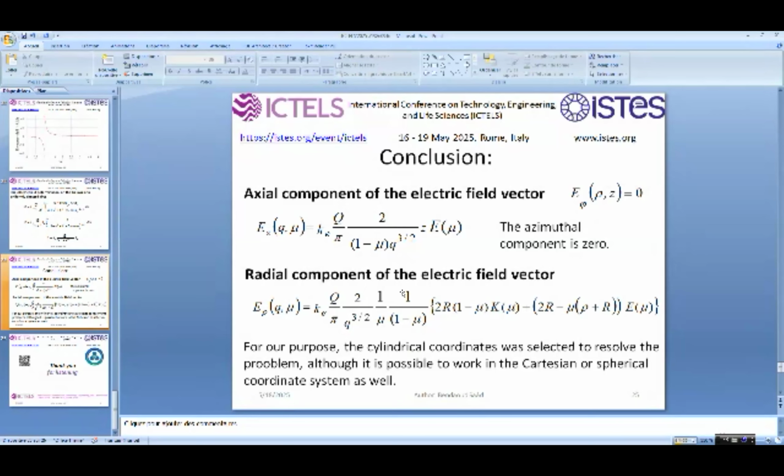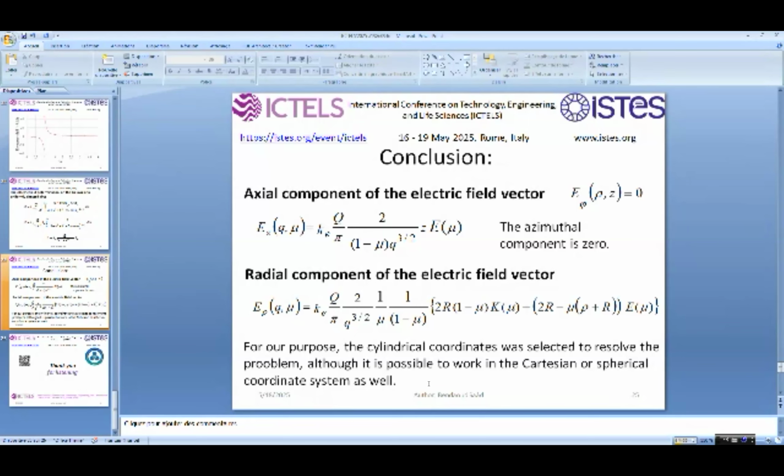And the conclusion: we have determined the axial component of the electric field vector. Here it is. And the radial component is here. So this expression. And the orthoradial or azimuthal component is equal to 0.